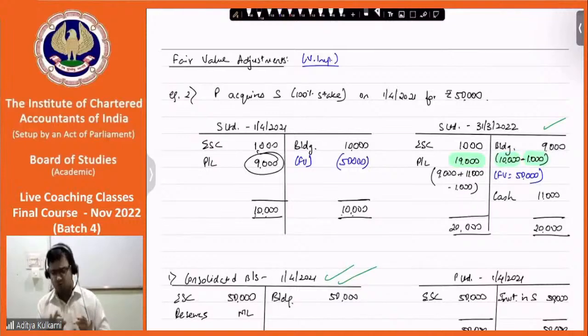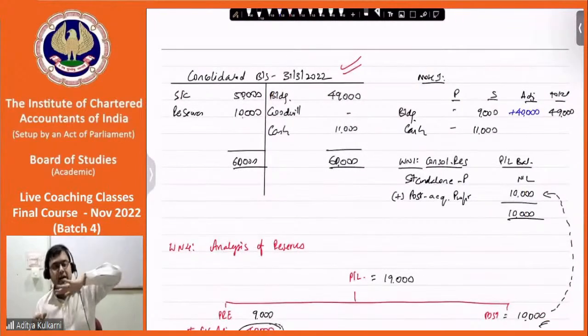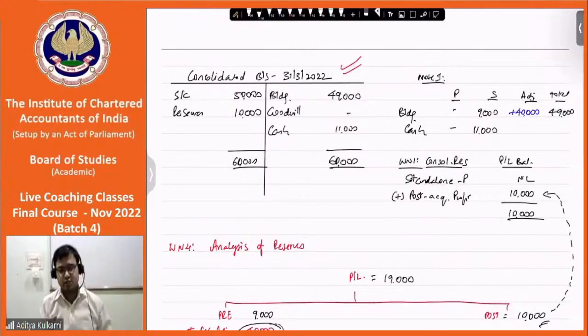You have logically presumed it is 10 years and 1/10 you have written off. When you revalue this building as per Ind AS 103 to 50,000, in the consolidated books the building is appearing at a higher value on the date of acquisition.